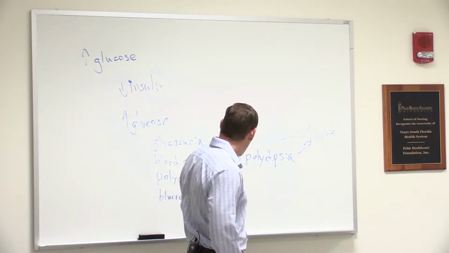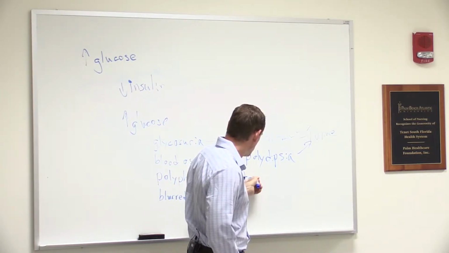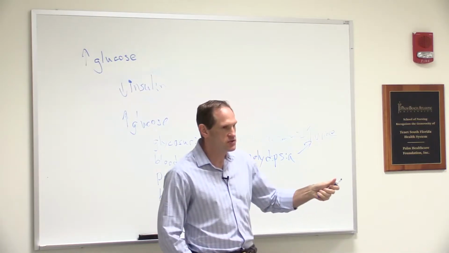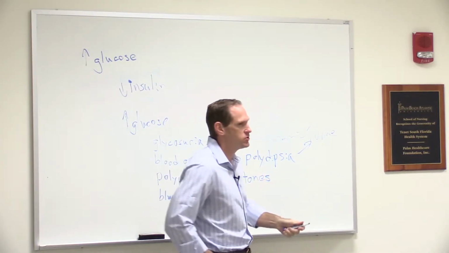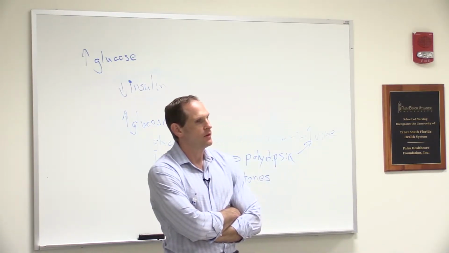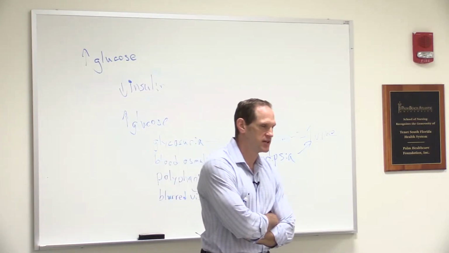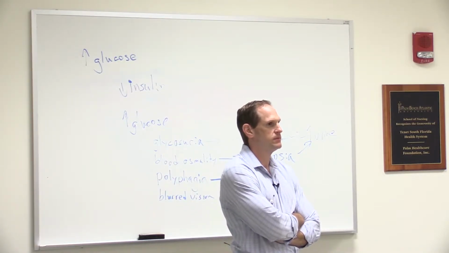So we're going to take the fat and we're going to turn some of it into ketones. Ketones can be used by tissues in place of glucose. Now, how is this different from ketosis in a ketogenic diet?